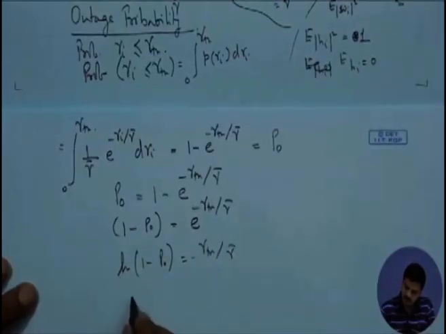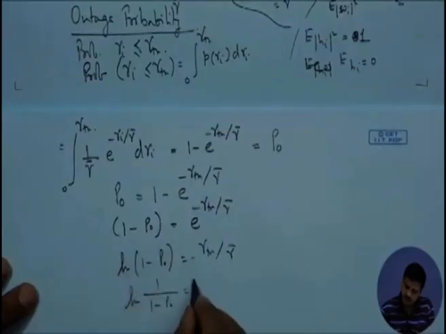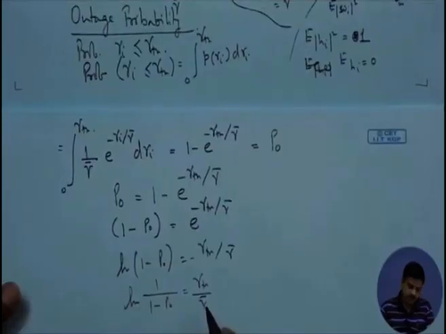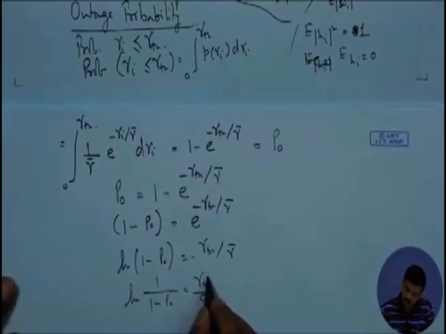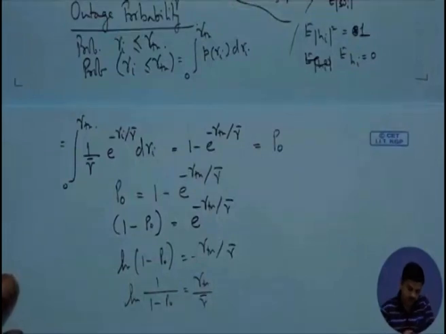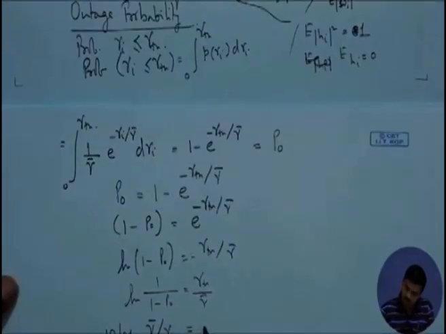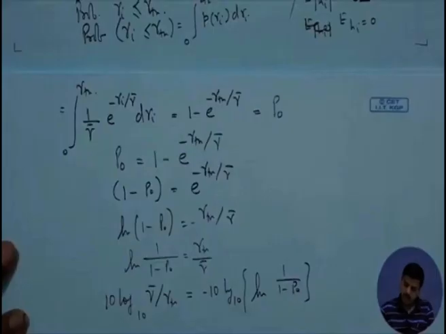If I move the minus to this side, you get minus ln of 1 minus P 0 is equal to gamma th by gamma bar. And if I take this as the ratio and take the log base 10 on both sides, then what we have is 10 log base 10 of gamma bar by gamma th is equal to, we could write, minus 10 log 10 of ln of 1 minus P 0, right. This could be the expression.